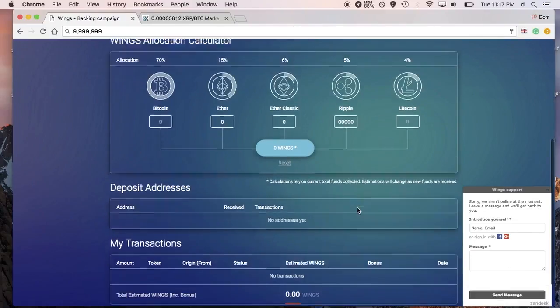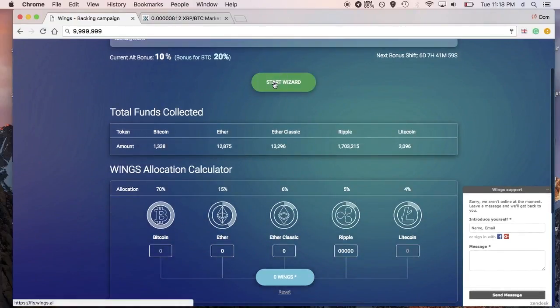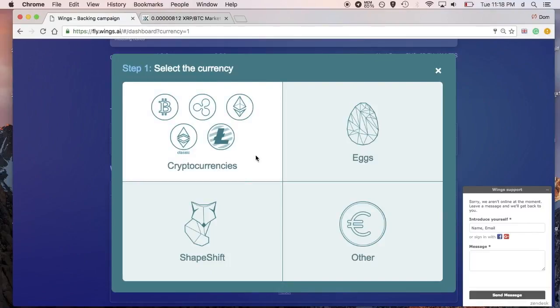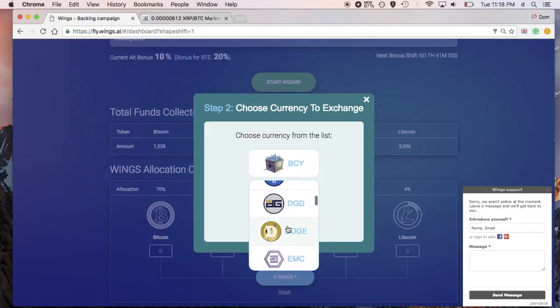And one other thing that's important here that I'm just going to mention is that when you, for example, use Shapeshift, that will always convert over to Bitcoin.